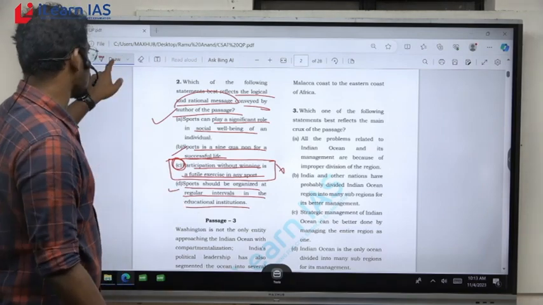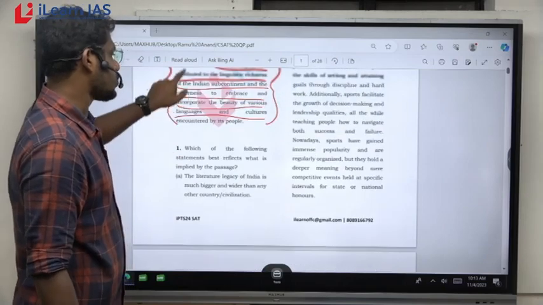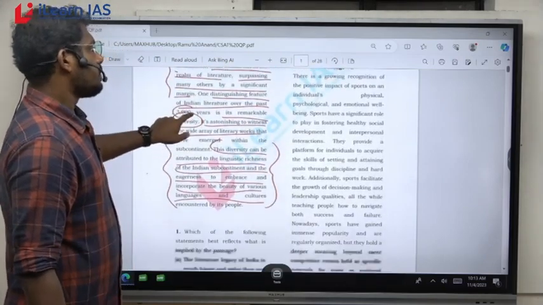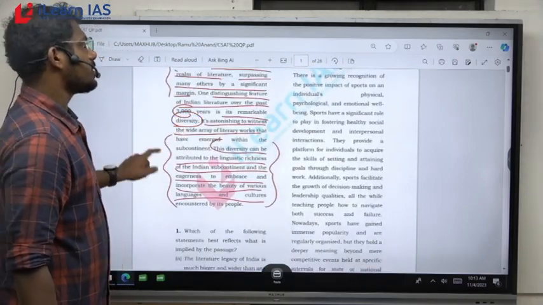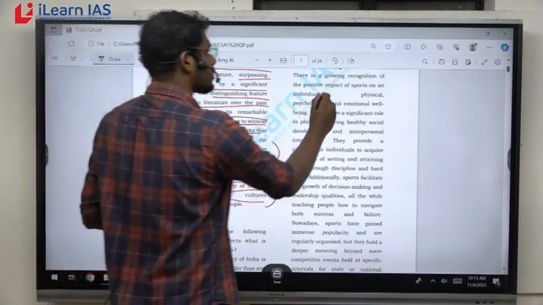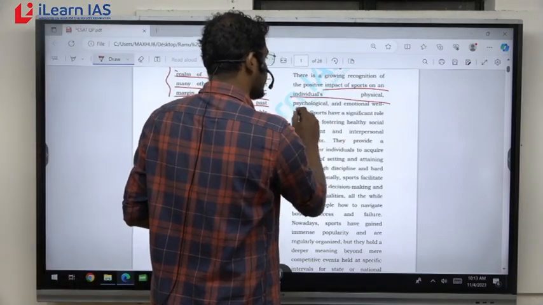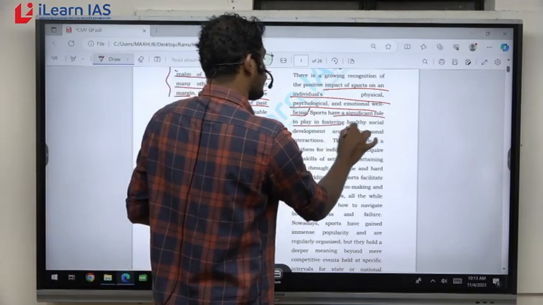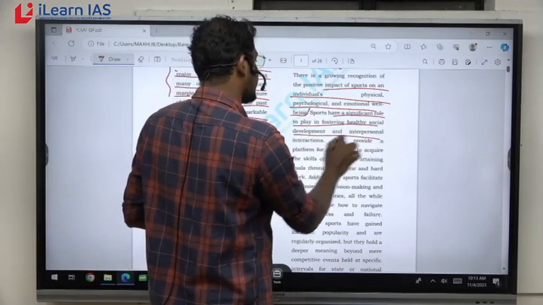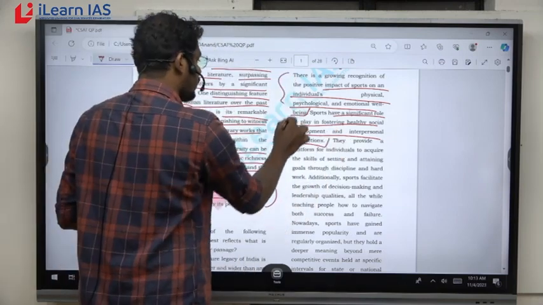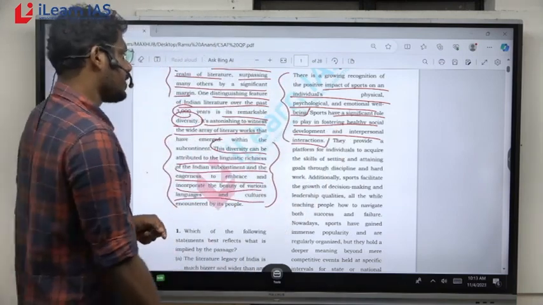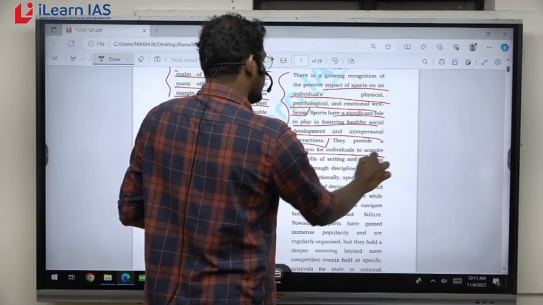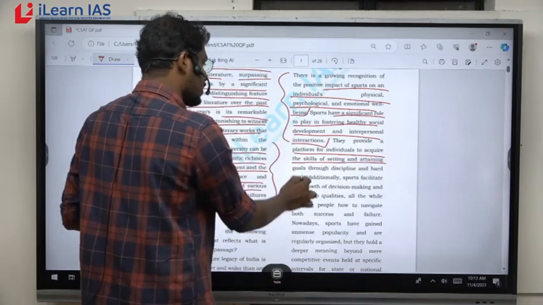Okay, so now let's go back to the passage. The passage reads, there is a growing recognition of the positive impact of sports on an individual's physical, psychological and emotional well-being. Okay, sports have a significant role to play in fostering healthy social development and interpersonal interaction. So focus on the first part of the passage. They provide a platform for individuals to acquire the skills of setting and attaining goals through discipline.